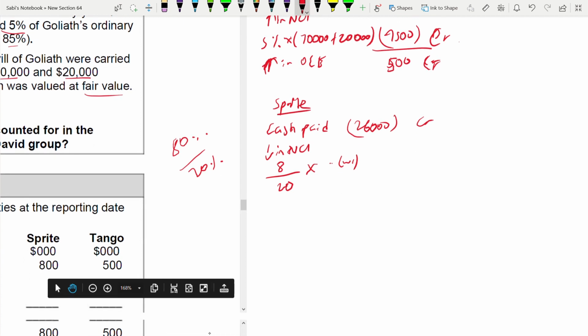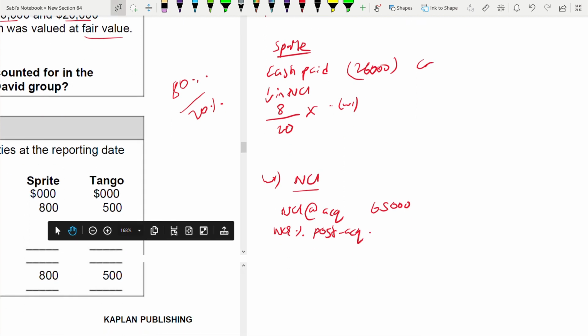So we'll go to working number 1 and we'll do NCI. You need the carrying amount of NCI. This is only for decrease. So NCI at acquisition, they have given you the fair value already, 65,000. Then NCI post acquisition reserve. This you can do simply by the movement in the net asset. NCI before was 20%. That means at 80%, not at 88%, not after buying the additional 8%. This 20% is the first time acquisition. You bought 80%, that time NCI was 20%.